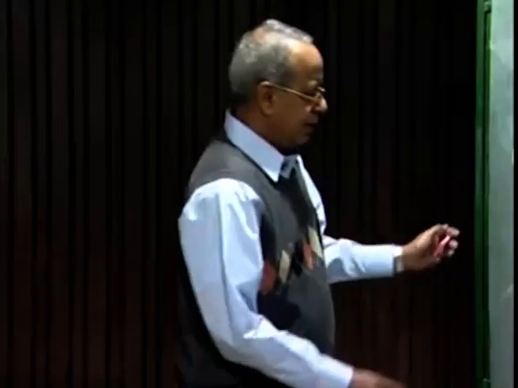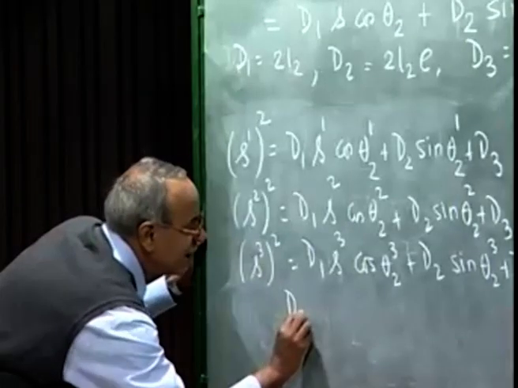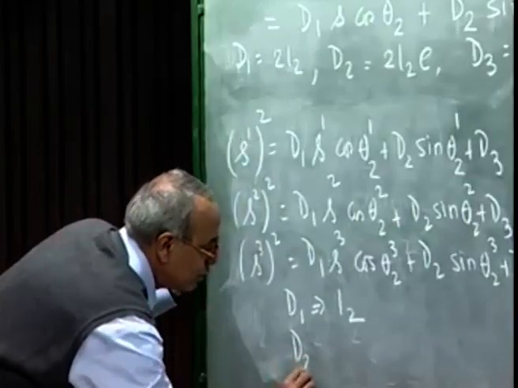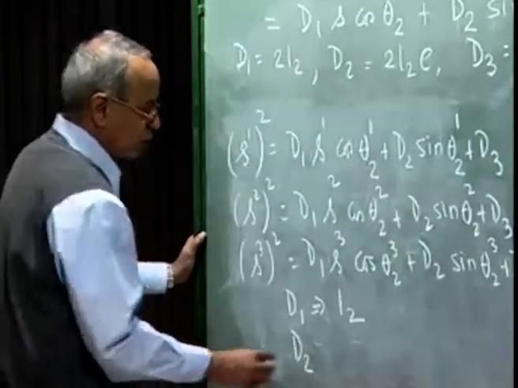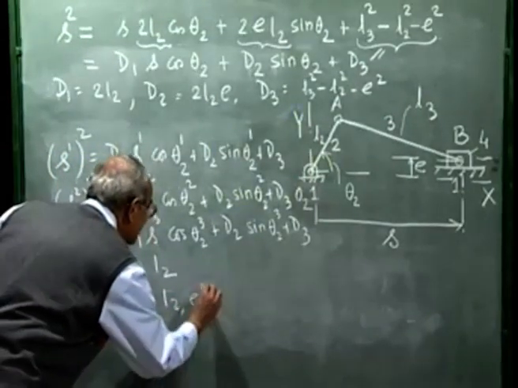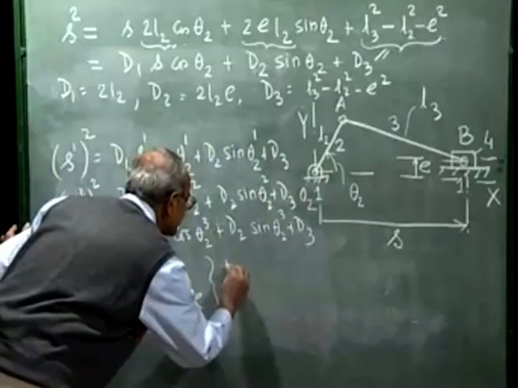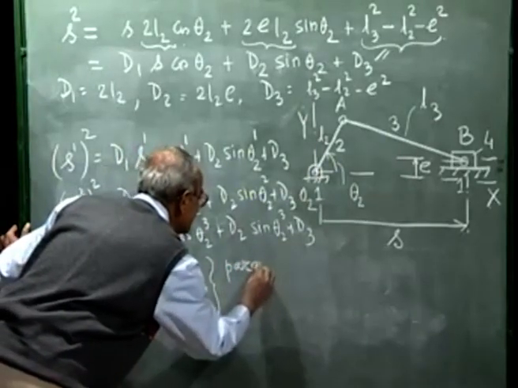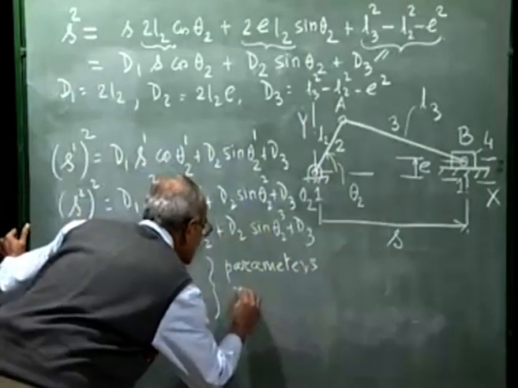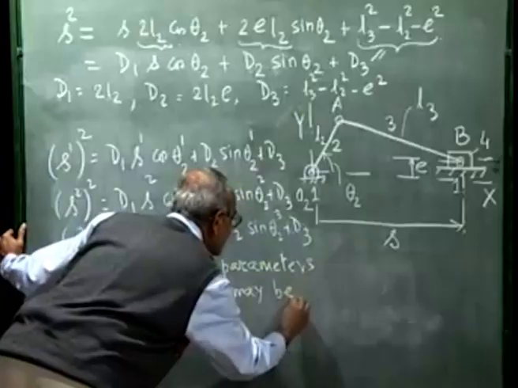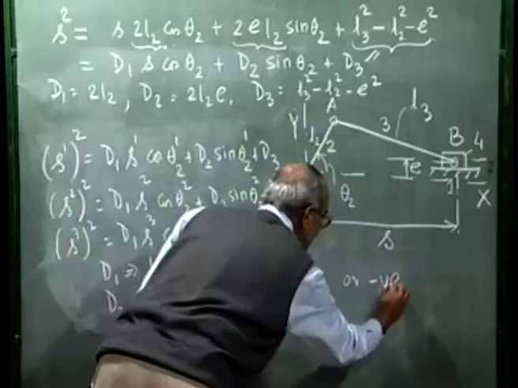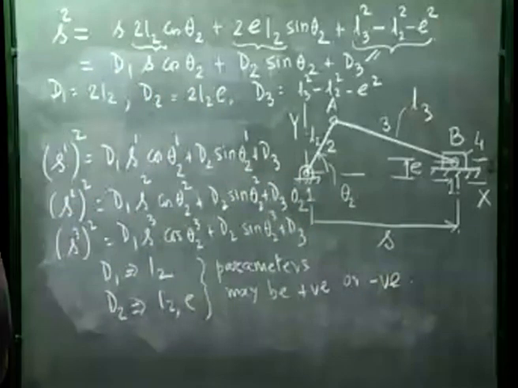That means d1, that is L2, and d2 in combination with L2, which means L2 and E, these parameters, the crank length and the offset, may be positive or negative, and they must be interpreted in the vector sense.